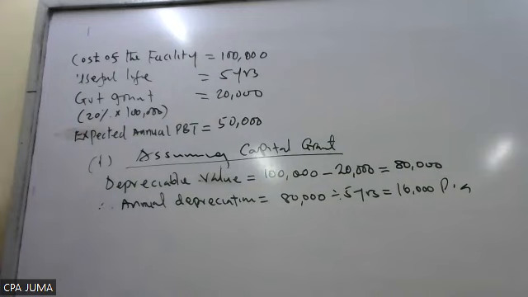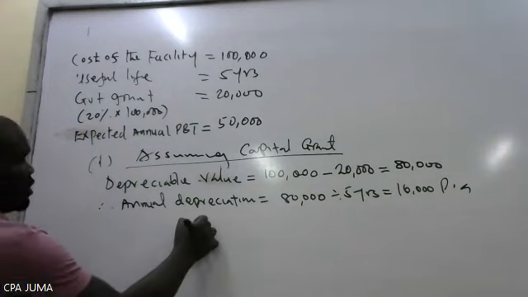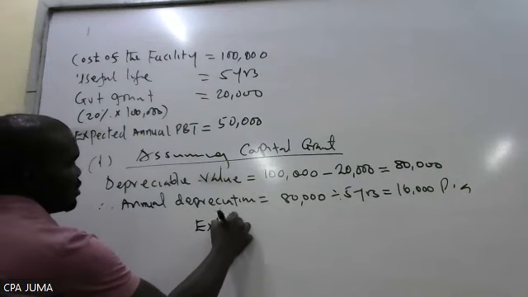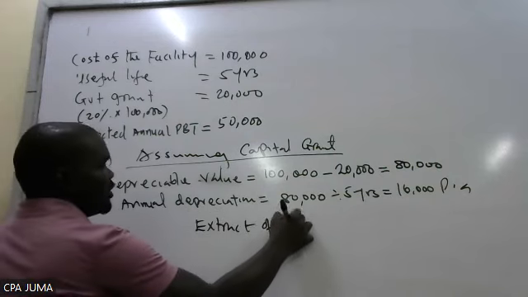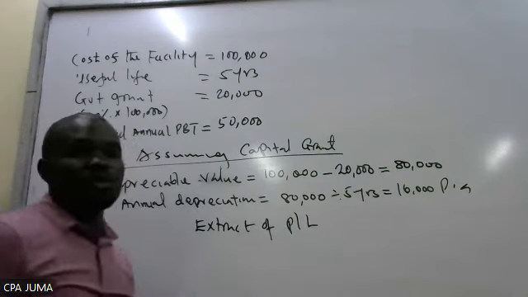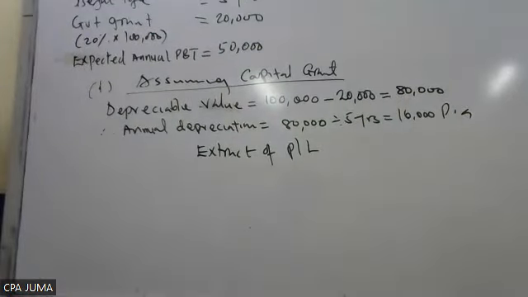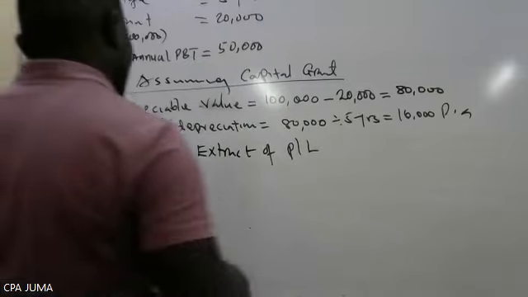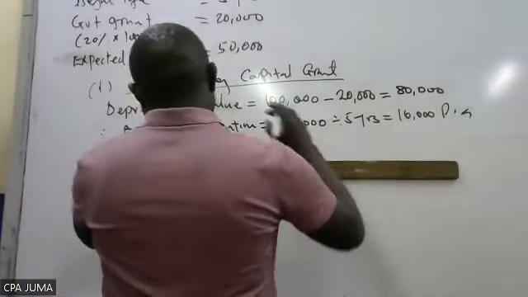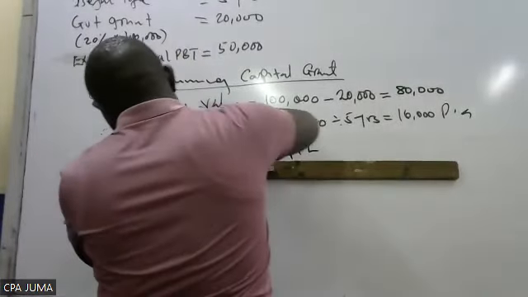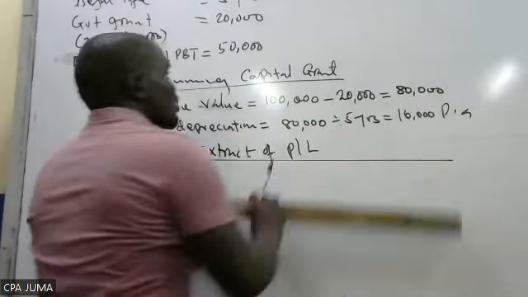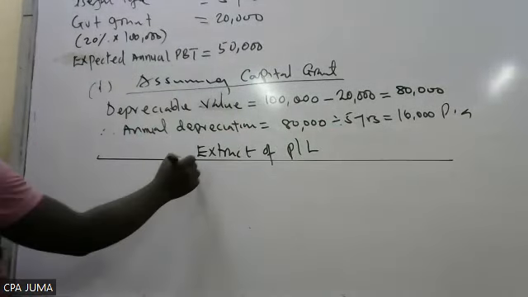So right there, extract of profit or loss, year 1 to year 5.